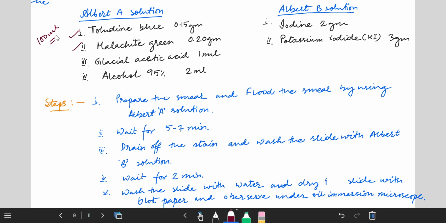We need to use Albert B solution to drain off and wash the slide. Then wait for 2 minutes to fix the Albert B solution. Then wash the slide with water and dry it using blotting paper. Then observe the slide under the oil immersion microscope.